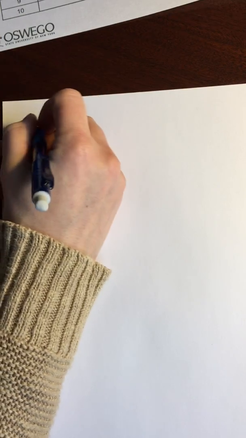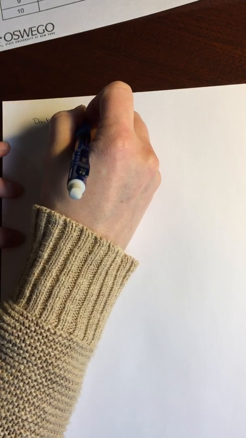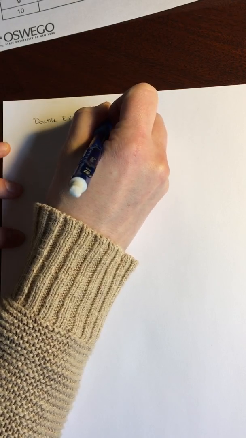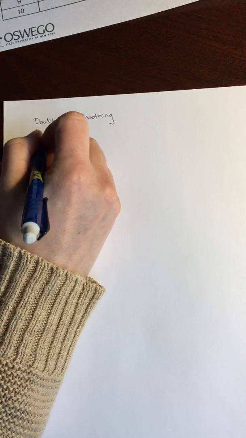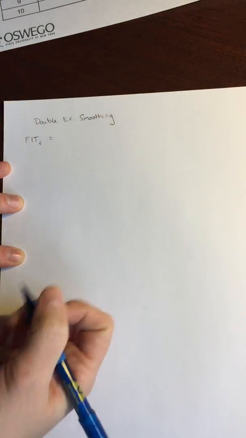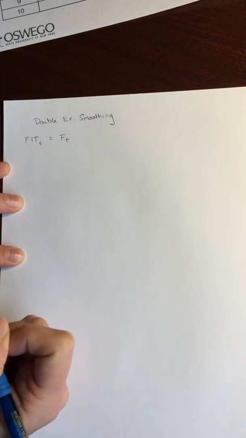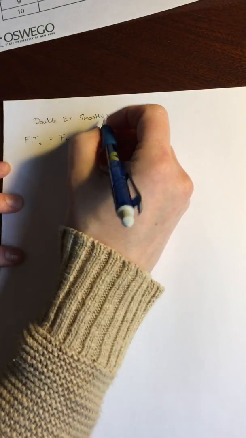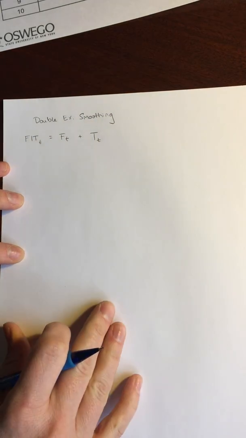So the formula for double exponential smoothing is also referred to as FIT, forecast including trend, and we're going to do that for time period T. It is essentially an exponentially smooth forecast plus an exponentially smooth trend.